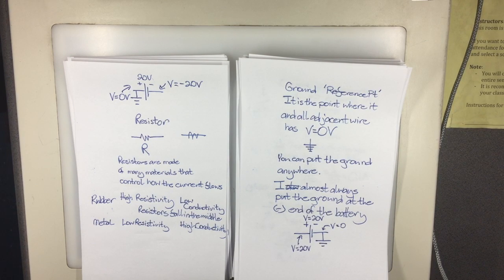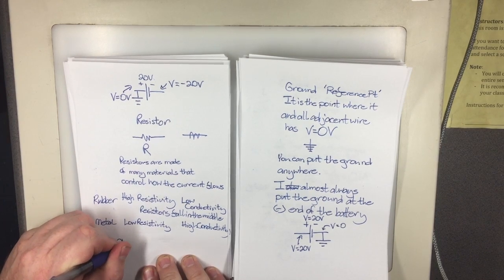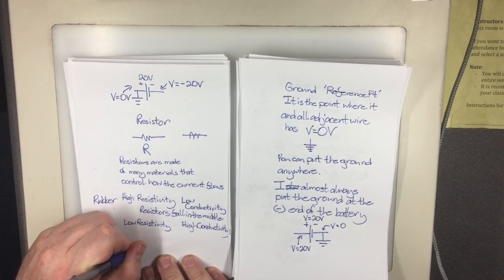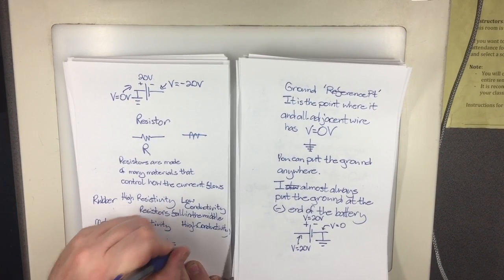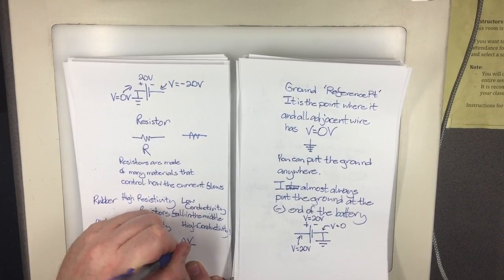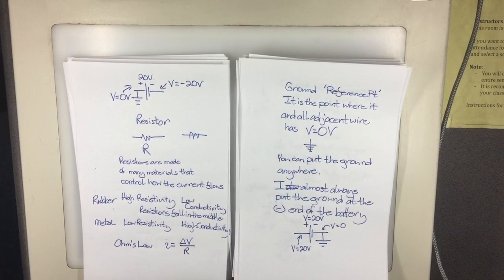The big equation that we have to use is Ohm's law. And that is the current is delta V over R. That current is the ratio of the change in potential divided by the resistance. We know about current. Current is coulombs per second or amperes.